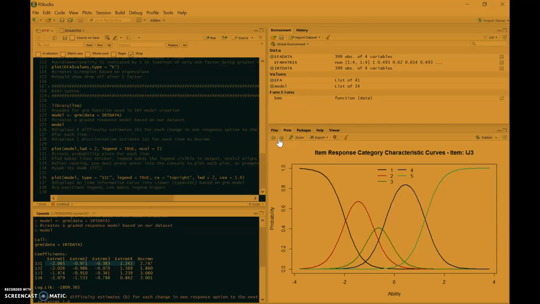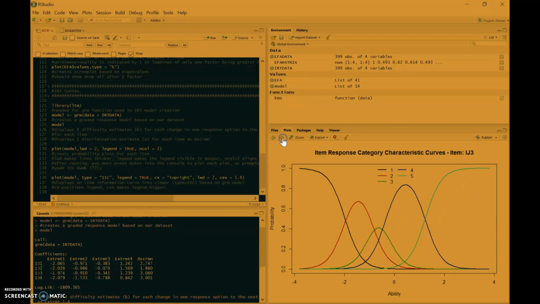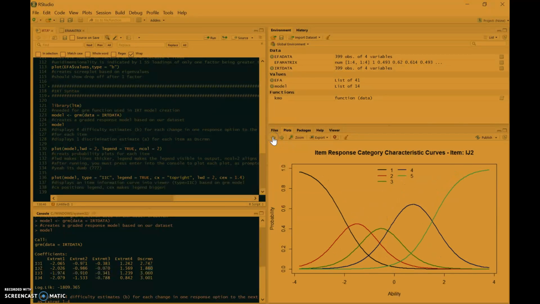You can see that these are all kind of patterned similarly. The difficulties are off a little bit. I think the biggest thing you can notice between items is that IJ2 has a much smaller discrimination value.